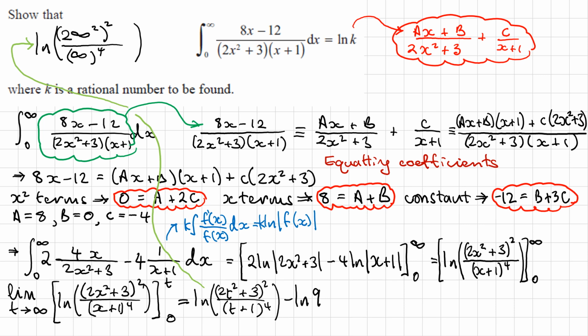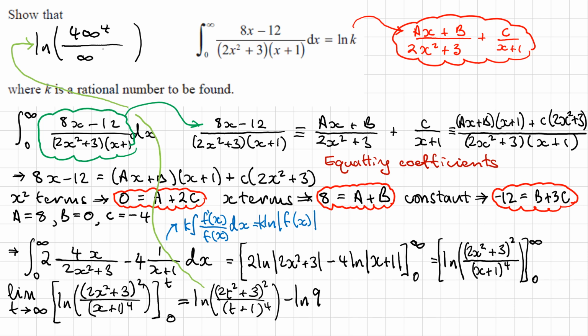And if we continue with this process, if you've got 2 infinity squared all to the power 2, then you could think of this, basically if you square it, as 4 infinity to the power 4. So at the top, let's write 4 infinity to the power 4, because we've just squared it. And then at the bottom, we've just got infinity to the power 4. And then what's going to happen to this?